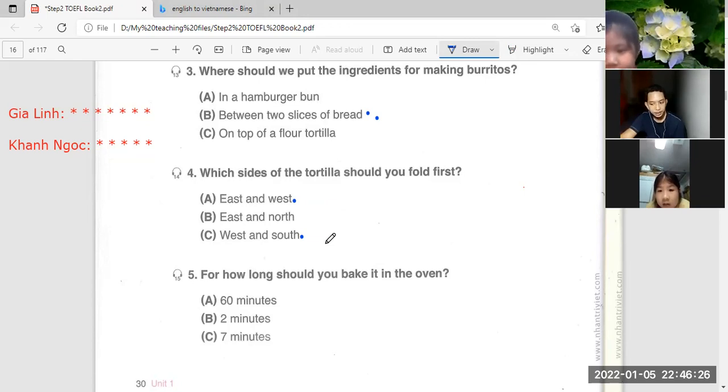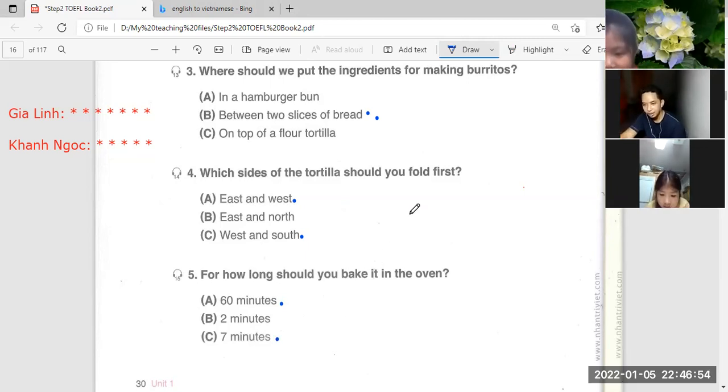C or B? C. Okay. Next, number 5. Giling, what is your answer, number 5? For how long should you bake it in the oven? I think is A. A, 60 minutes. Okay, what about Kenyok? I choose C. C, 7 minutes.